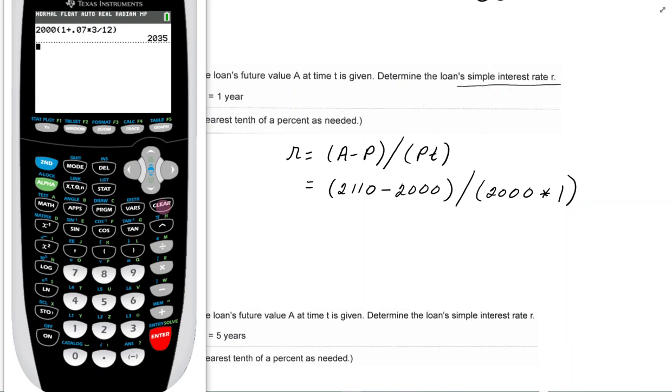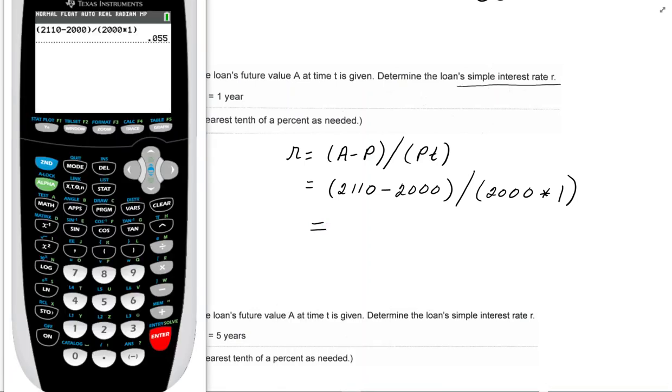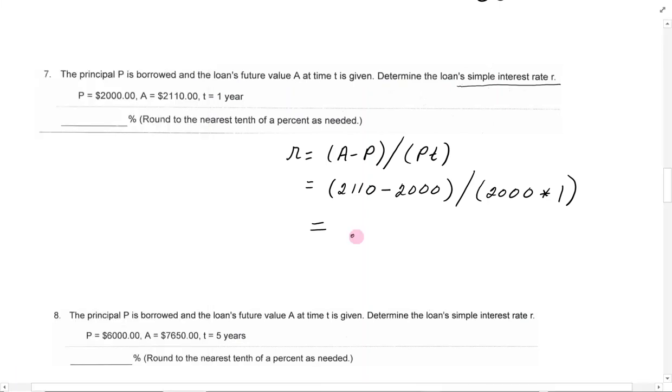Open parentheses 2110 minus 2,000, close, divided by, open, 2,000 times 1, close. Enter. You get your interest rate as 0.055.